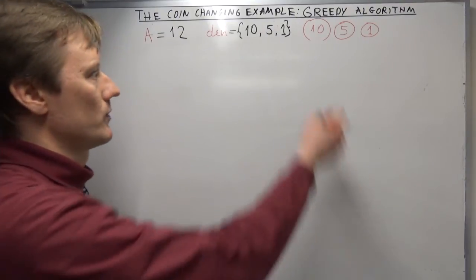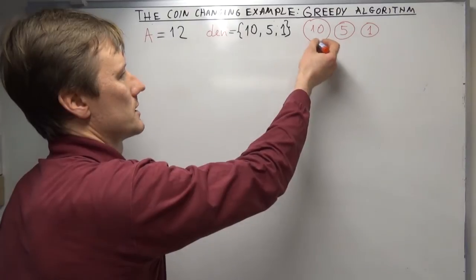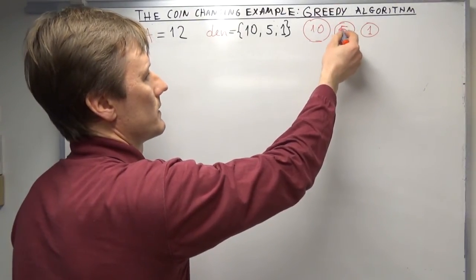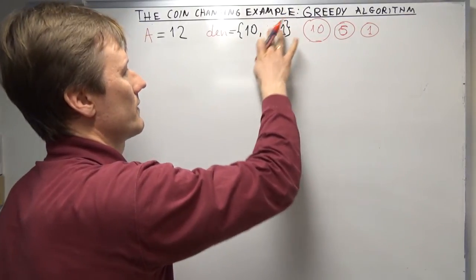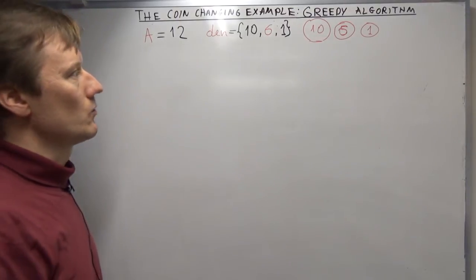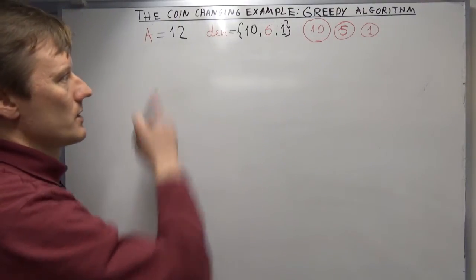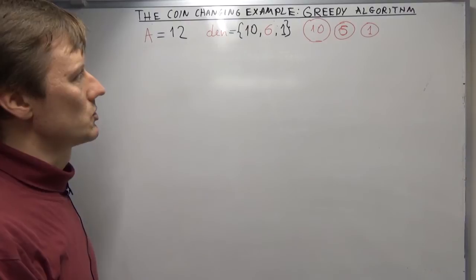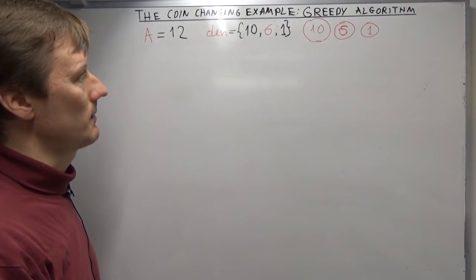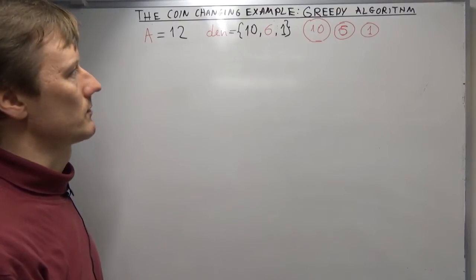So for example, if we have the denominations as they were in the previous two videos, so we have a 6 krona denomination instead of a 5 krona denomination, then we can shoot down the idea of taking as a greedy choice the largest coin that is smaller than the amount by just giving one counterexample.